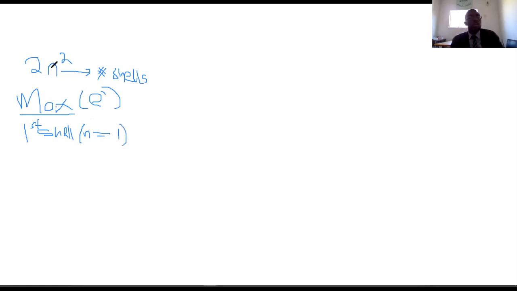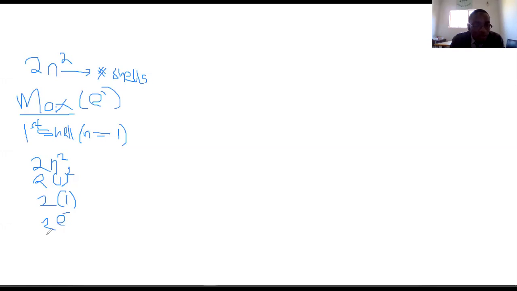So substituting the n in the formula, 2n squared becomes 2 times 1 squared. So 1 squared is 1, 2 times 1 is 2.